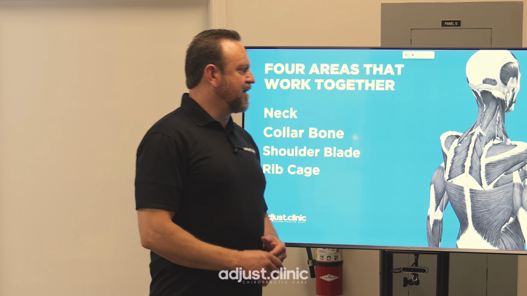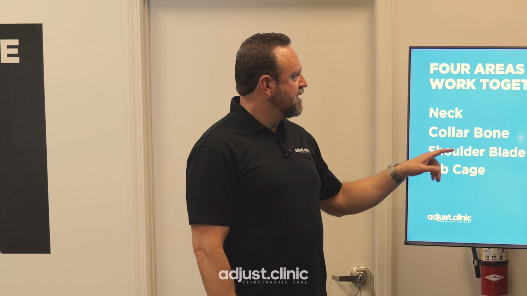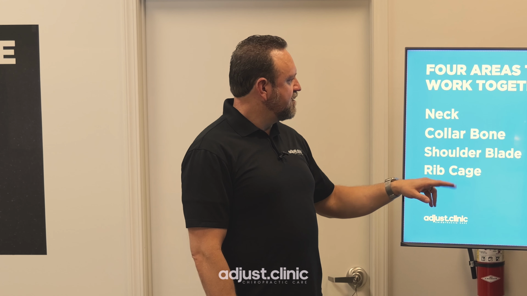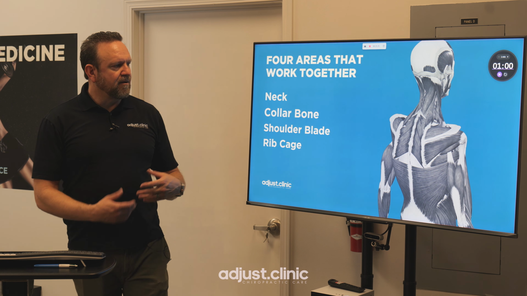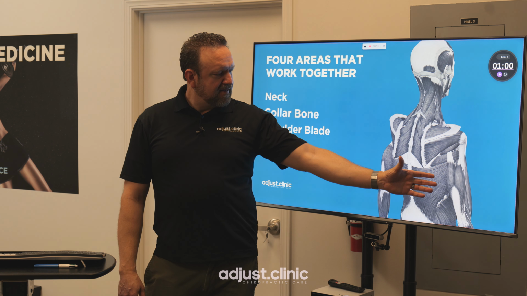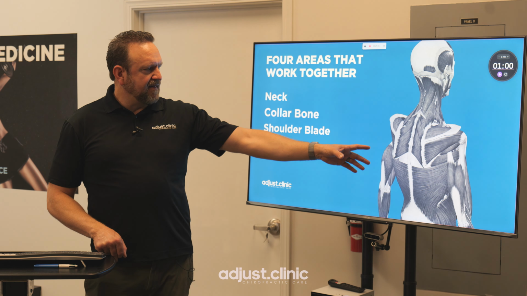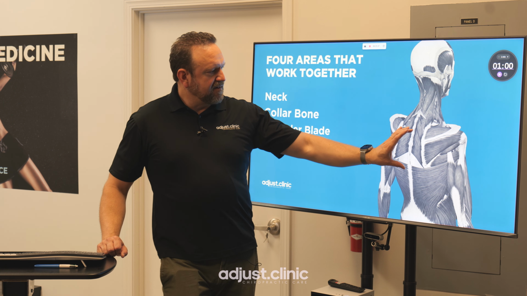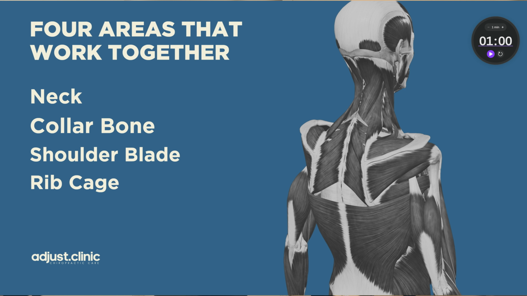So if you have chronic neck pain, what you need to be mindful of is what your neck is doing, what your collarbone is doing, what your shoulder blade is doing, and what your rib cage is doing. These all work together. Rib cage is shorthand for the mid-back. People tend to slump in that area. That area becomes tight. The tightness in here is going to create more and more instability in the neck.